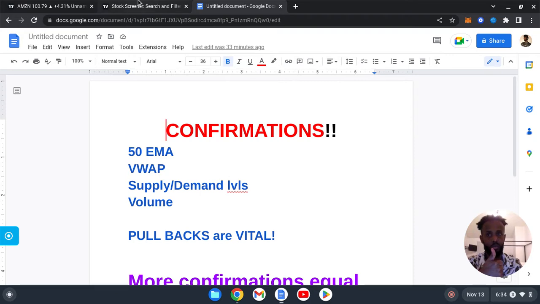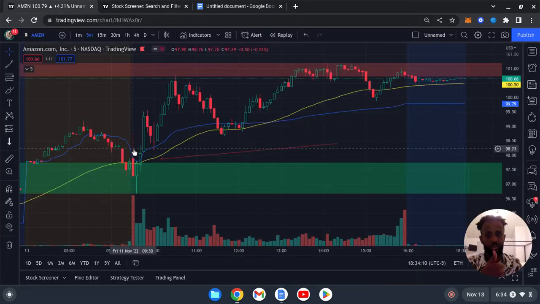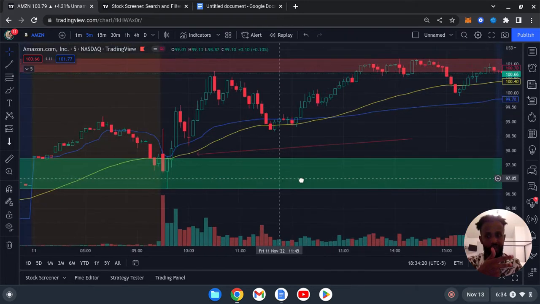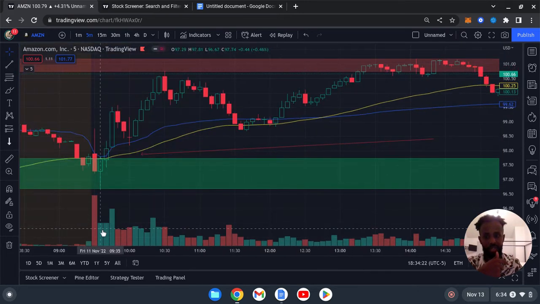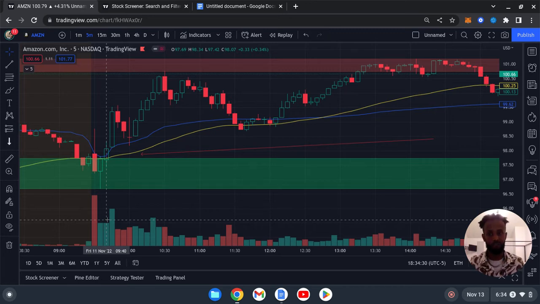Number two, it starts breaking above what? Our VWAP. This yellow line is our 50-day moving average. It starts breaking above our 50-day moving average, and we can see here with the green candles we have green, or bullish, volume.